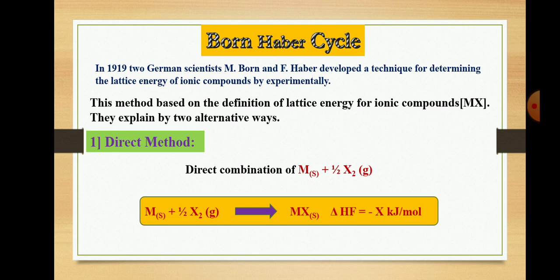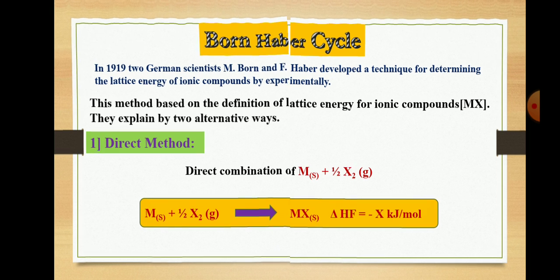It is nothing but the heat of formation, which is indicated by minus X kilojoule per mole. So here, in the direct method, M, the metal in solid state, directly combines with X2 gas, and there is a formation of ionic compound MX in solid state. So it is one way where we can calculate the lattice energy.